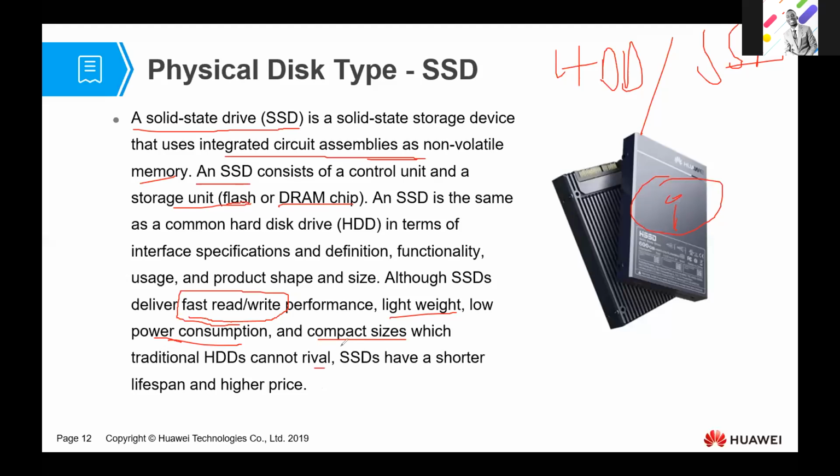Take note that SSDs have shorter lifespan and a higher price. They have a higher price because of their fast read and write performance, because the SSD is very fast as compared. You could actually go all the way to 6 gigabytes, copying 6 gigabytes per second, at least as per my SSD in my laptop, 6 gigabits per second.